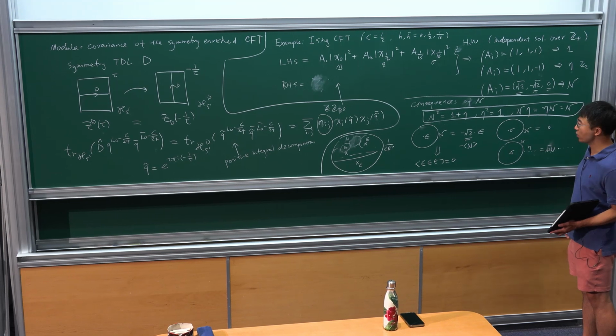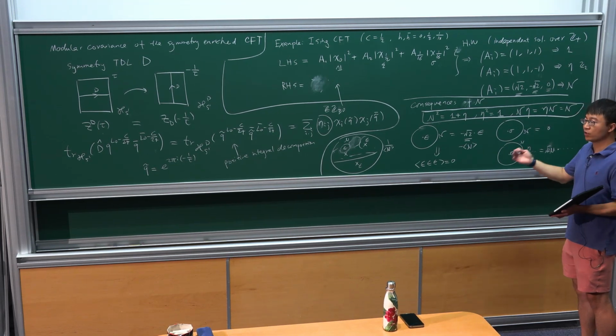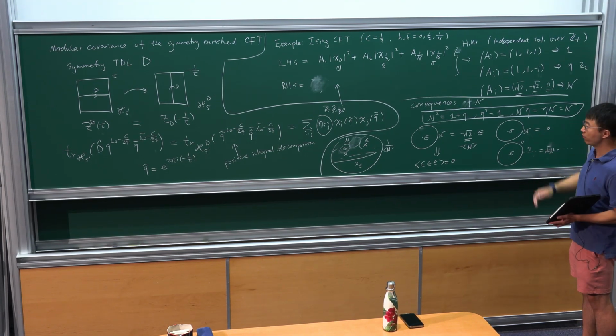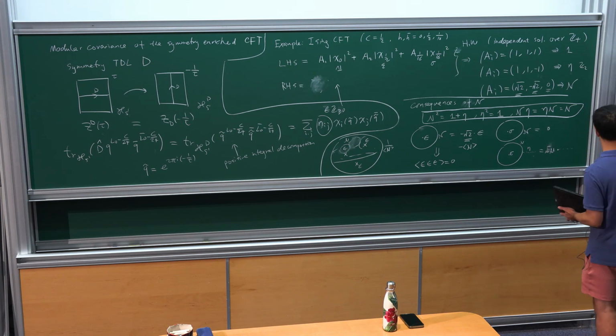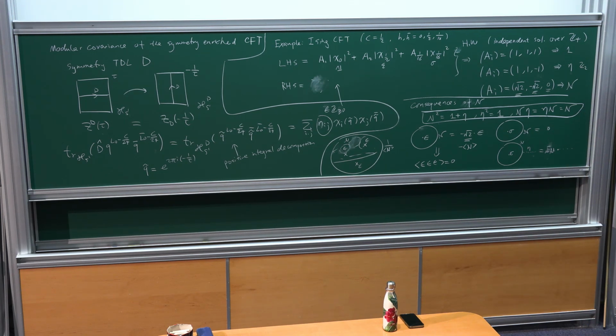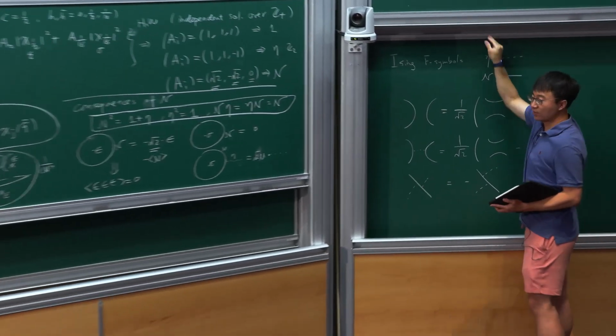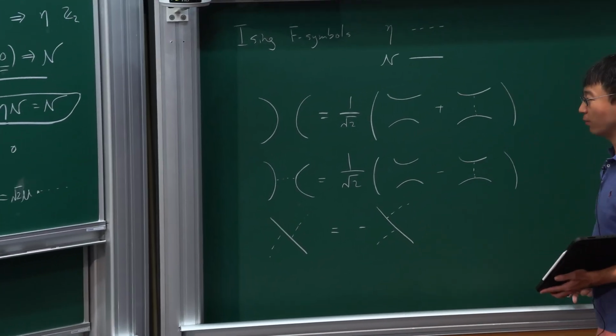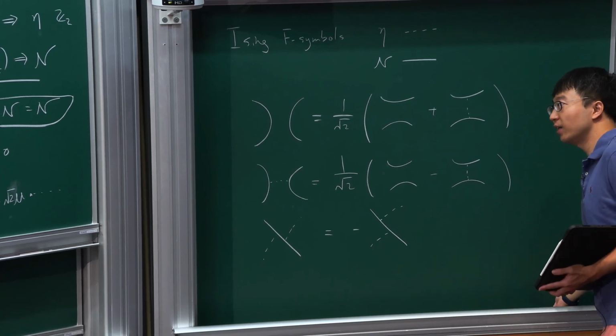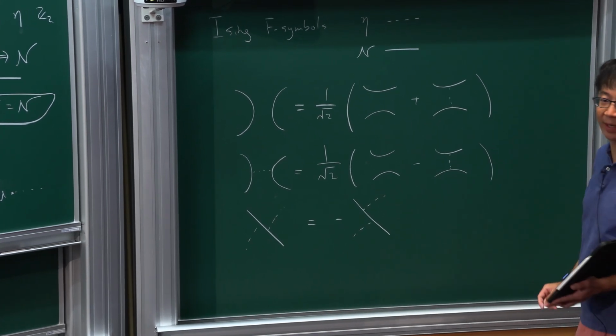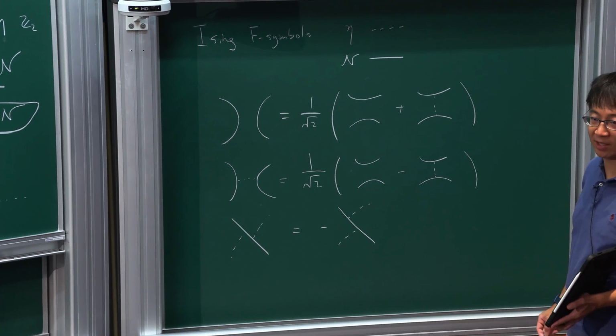And you can ask whether there's a solution to the F symbols. Of course, the solution is guaranteed because we have a physical theory with this symmetry. And the solution to the F symbols I wrote over here. This is one of the few cases where you can actually easily solve the pentagon equation and find the explicit F symbols.